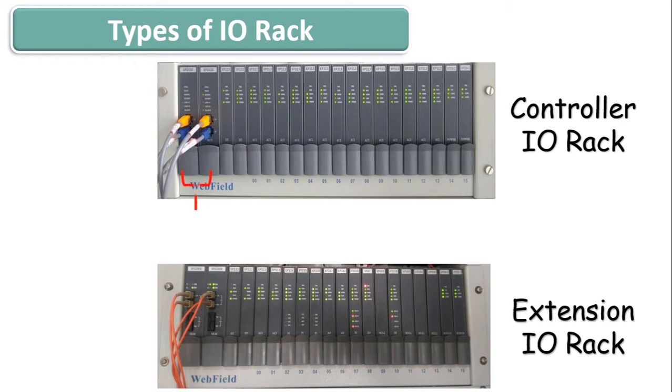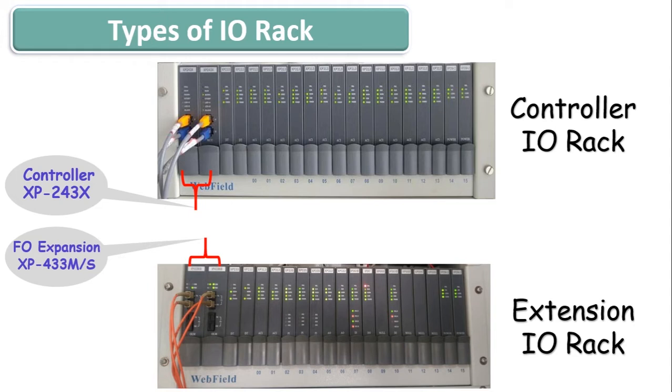The first two slots of the controller IO rack contain the controller XP243X in redundant, and the first two slots of the extension IO rack contain the fiber optic expansion module XP433MS, where M or S denotes the multi-mode or single mode fiber optic port. The next two slots contain the data transmission modules, which are used for communication of IO cards with the controller.